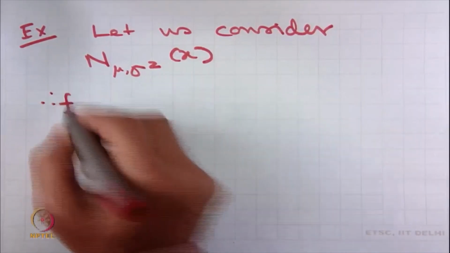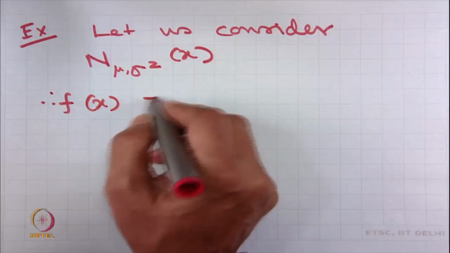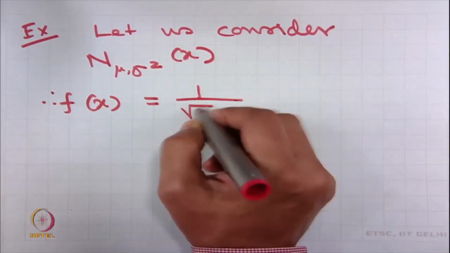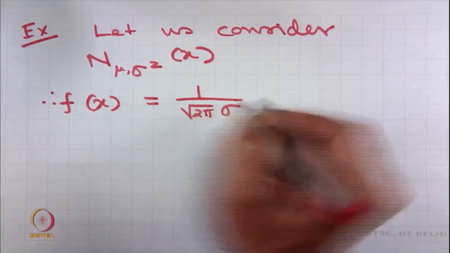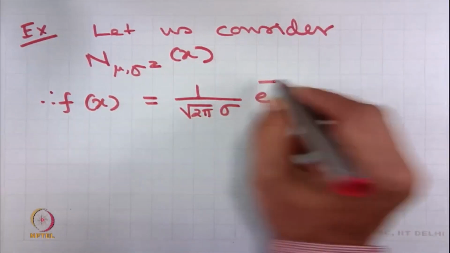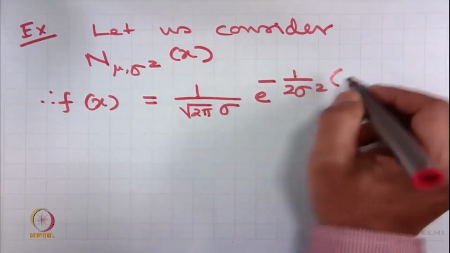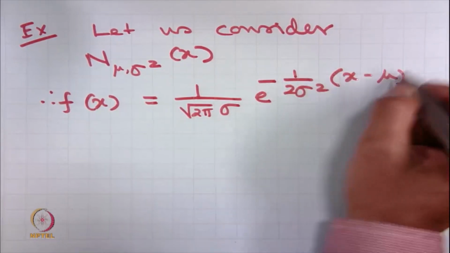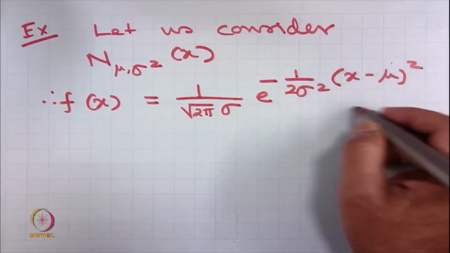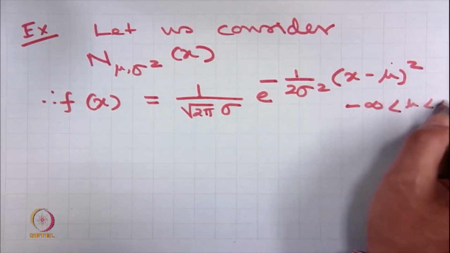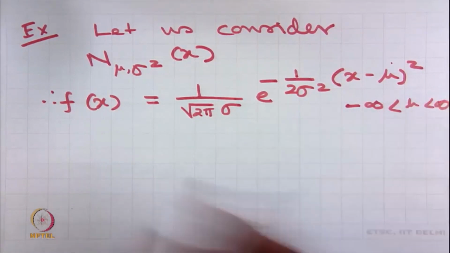Therefore, f of x is equal to 1 over root over 2 pi sigma e to the power minus 1 over 2 sigma square into x minus mu whole square, for minus infinity less than mu less than infinity, sigma greater than 0.